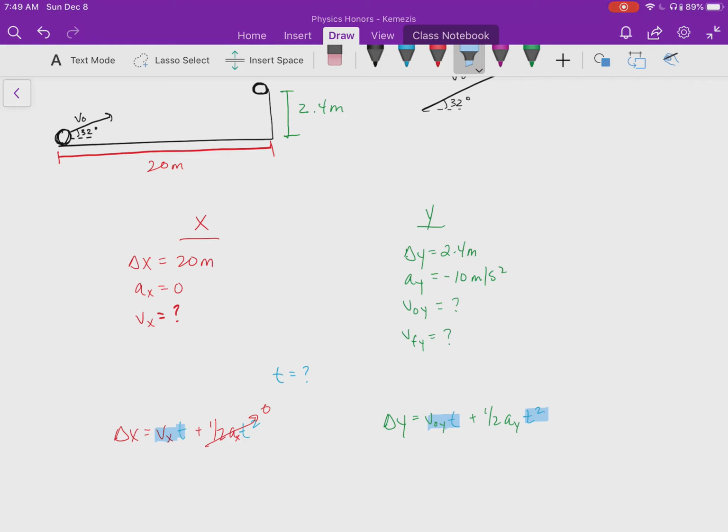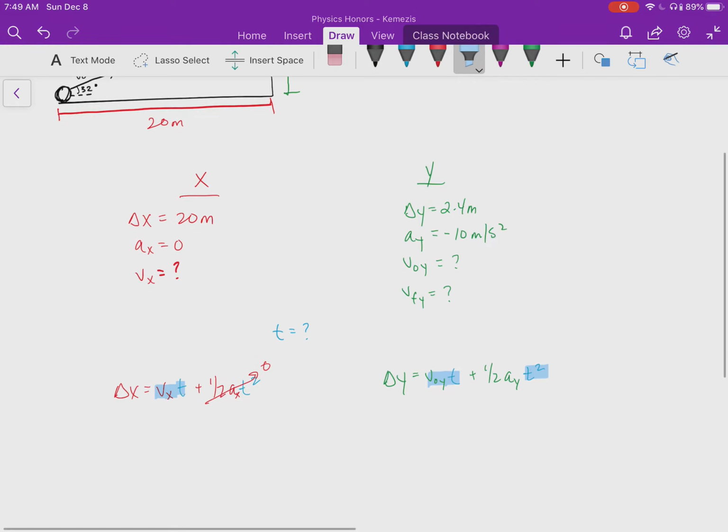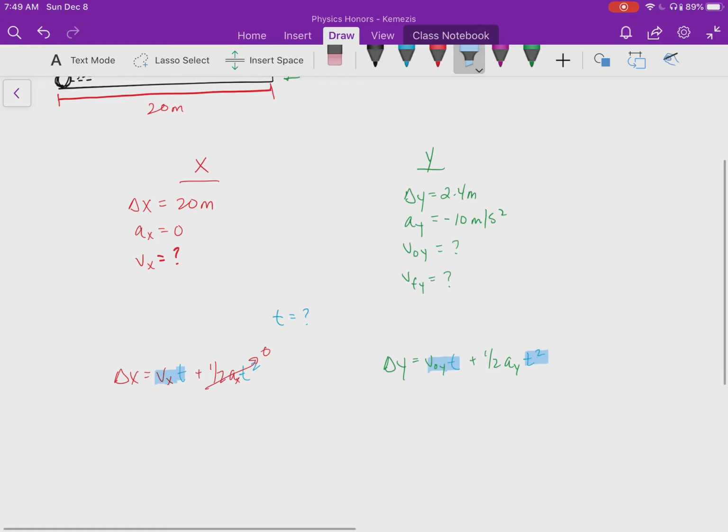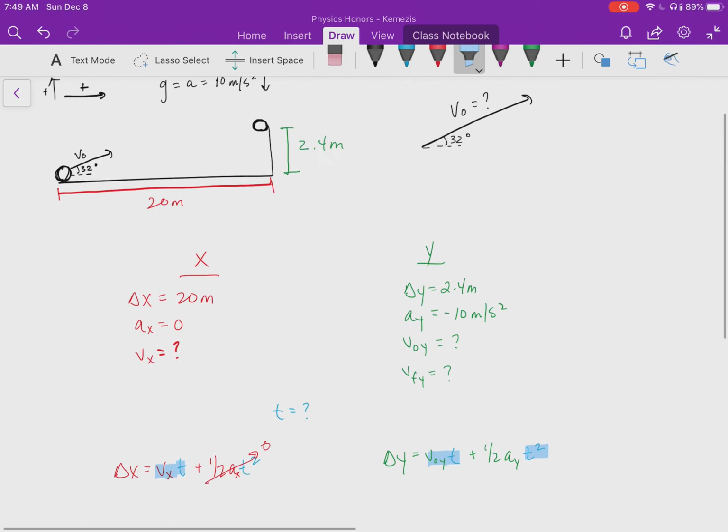But in this case, they are different from each other. So we have 2 equations that have 3 unknowns, and this is where you would get stuck. You can't solve this system with just 2, because however many unknowns you have is how many equations you need. We would need a 3rd equation, but we don't have one.